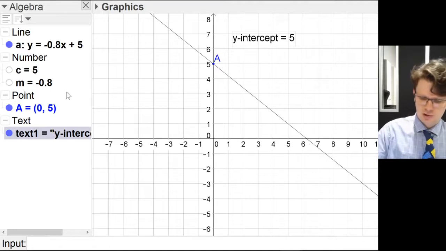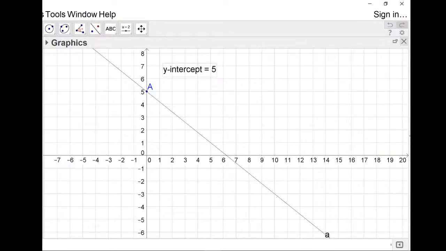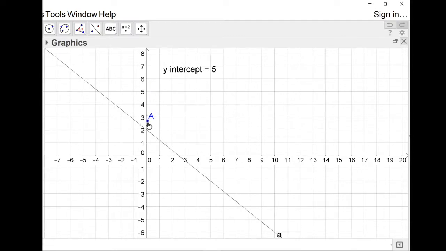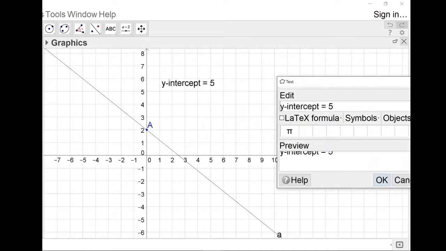Alrighty, so I'm just going to change the view on this. And now I'm going to change the y-intercept. And I want you to tell me what the new y-intercept is. Well, we read it straight off. It hits at 2, so my y-intercept is equal to 2.